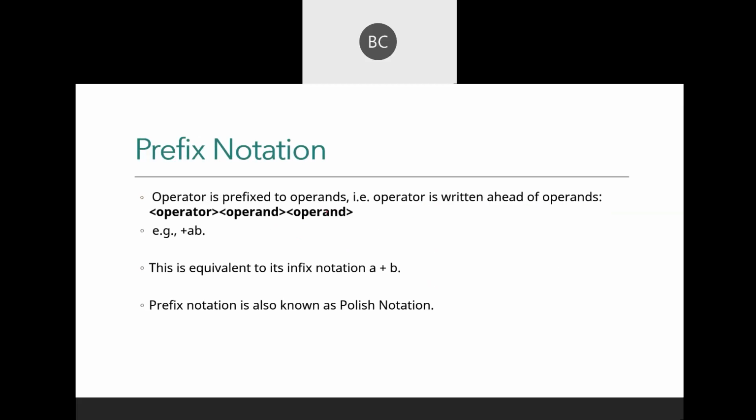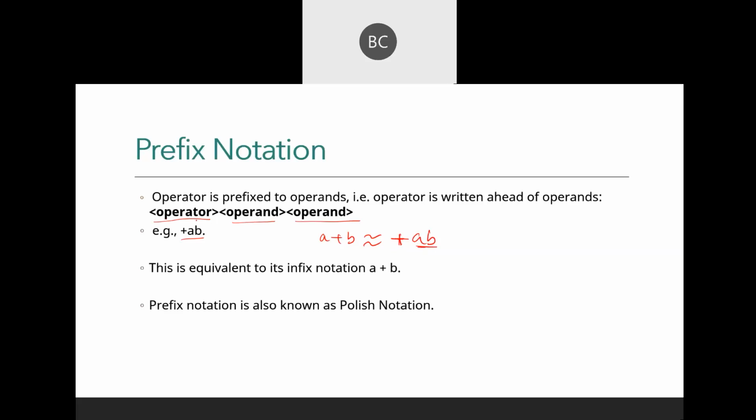Next, prefix. What is prefix? It will consist of operator, operand, and operand. For example, this is equivalent to plus AB. All mathematical symbols, plus, minus, arithmetic operations, logical operations, will come before the operand.